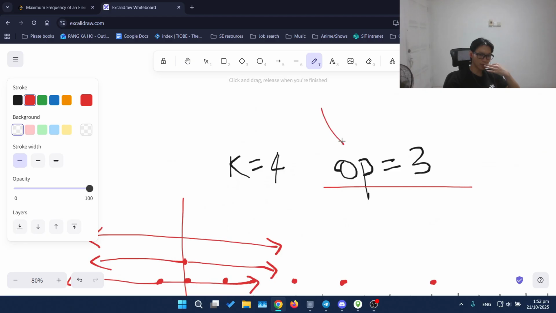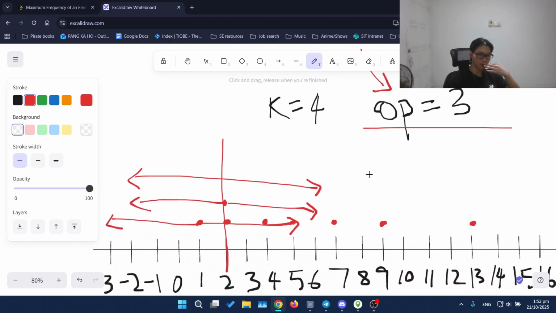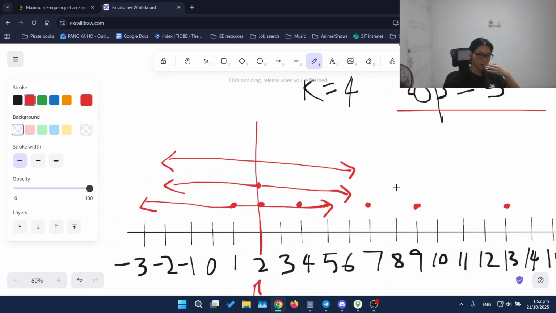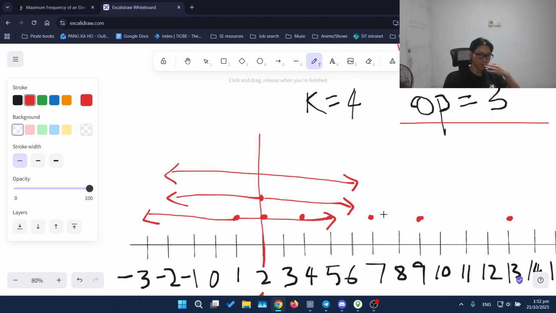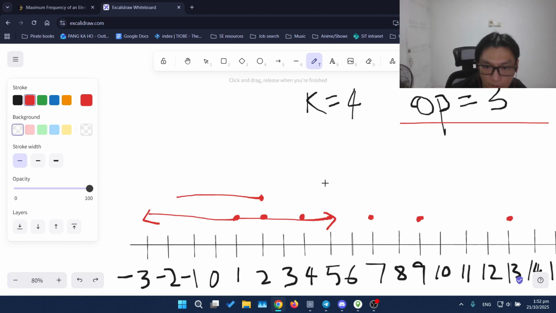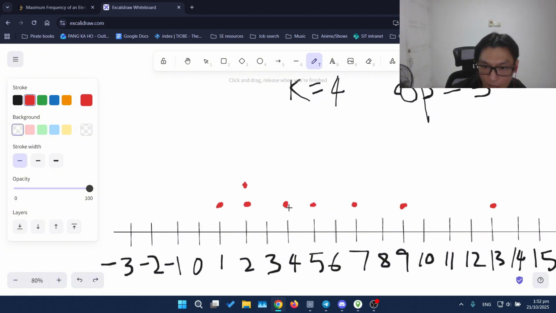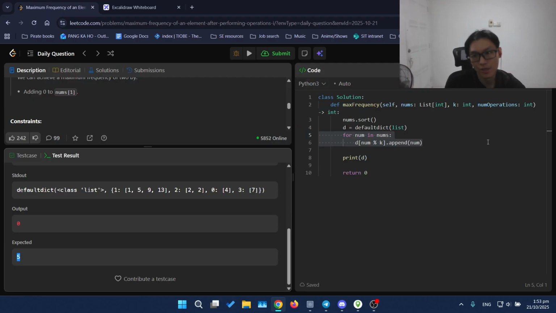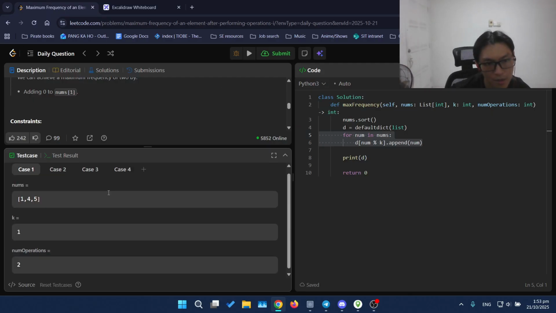But we have to use this somehow, right? Because you can imagine, if we have another 5 here, it actually wouldn't change the result in this case. But my algorithm will fail to pick up on that.